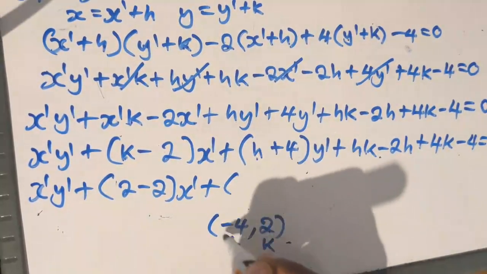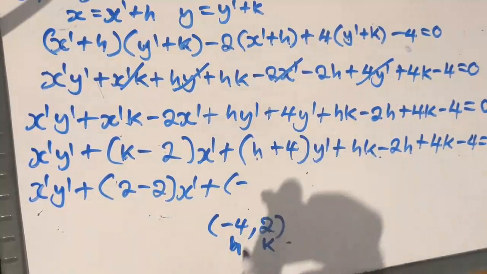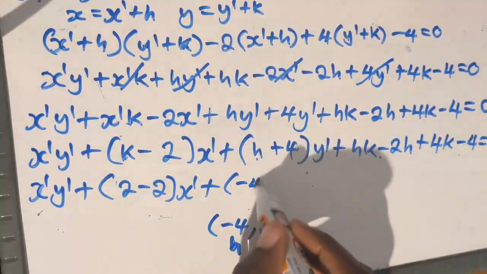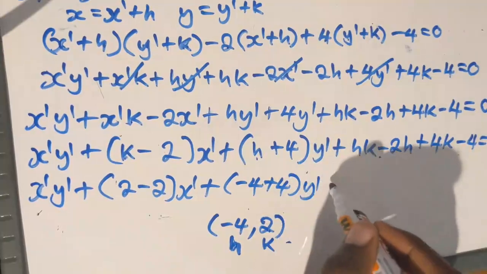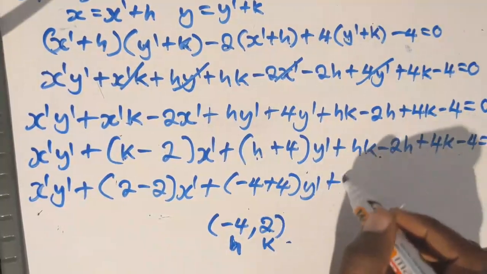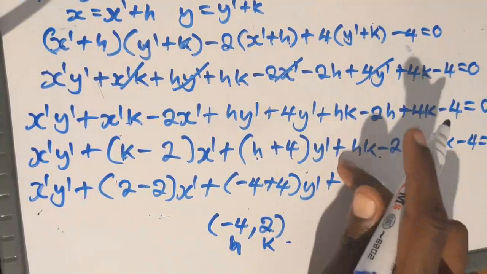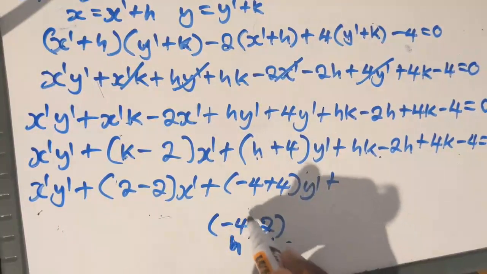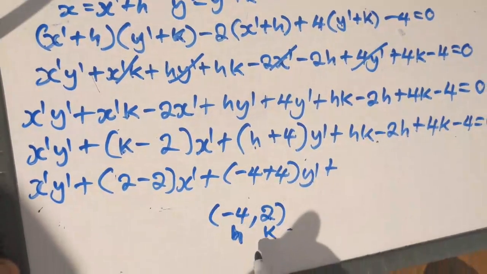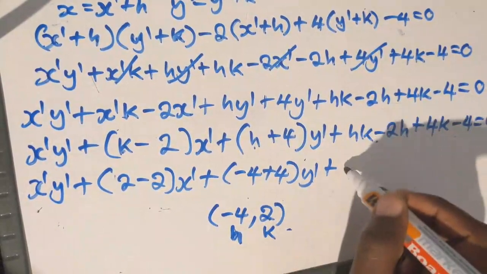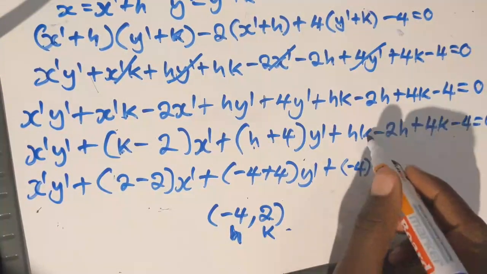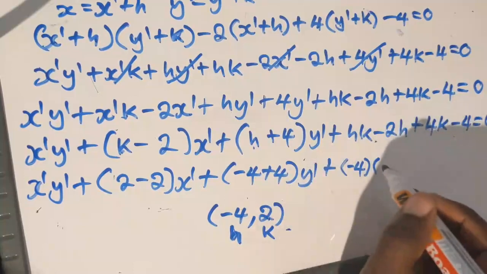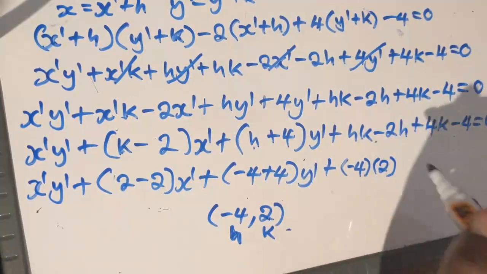H is a negative 4. So you say negative 4 plus 4, then y prime plus h. H is what? So h is negative 4. So you put the negative 4. So it is negative 4 multiplied by k is what? K is 2. Like that.